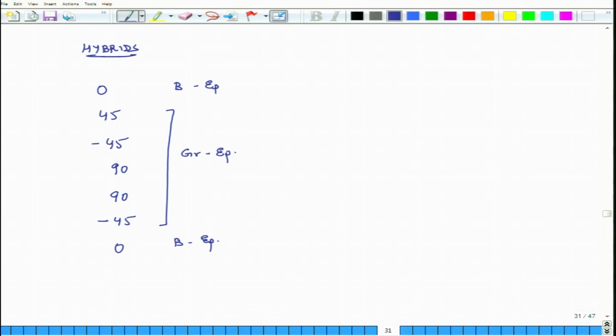So, what do we do? We specify something like this. The first one is 0 and then we also specify boron, so we put B, and then plus minus 45, and these are graphite fibers. Typically we specify the fiber.